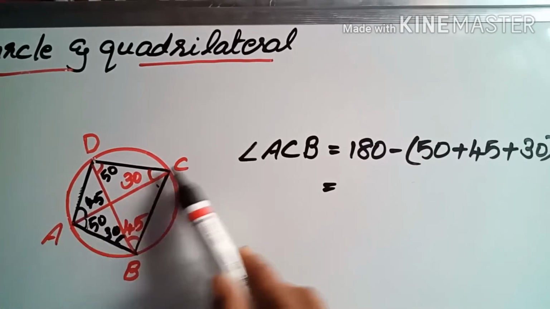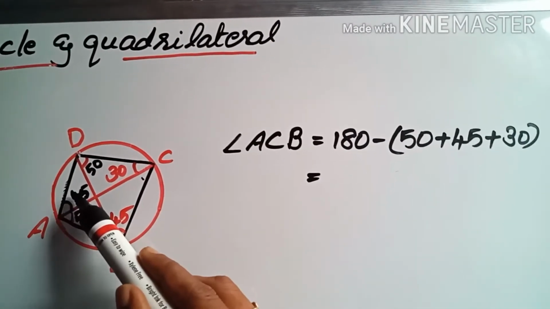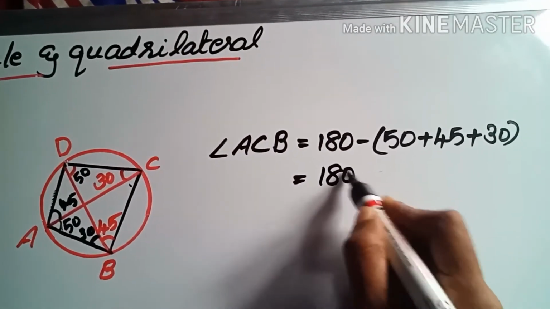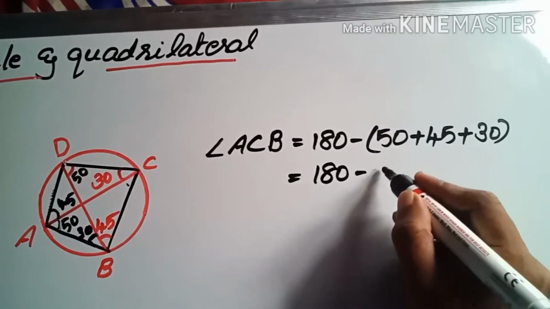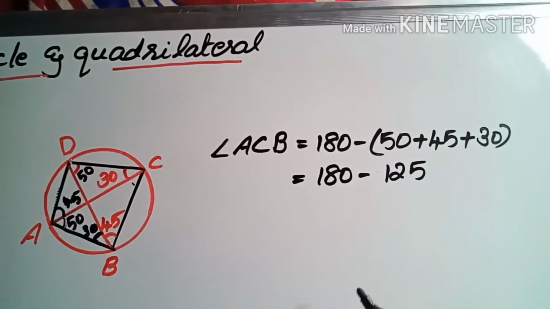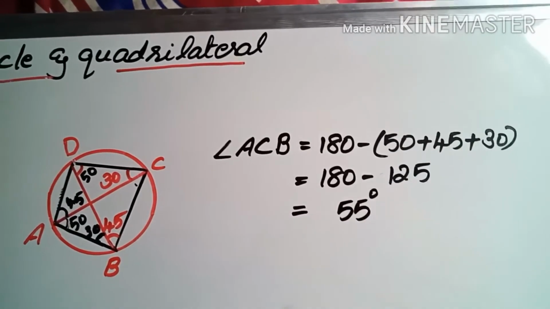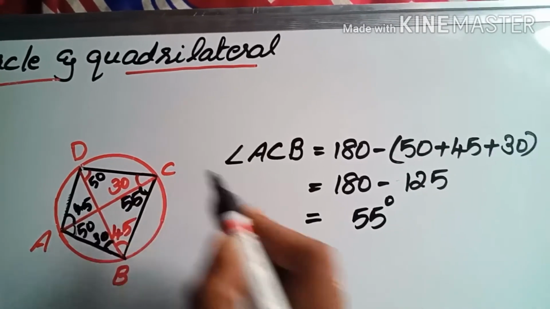So 180 minus (50 plus 45 plus 30). 50 plus 45 is 95, 95 plus 30 is 125. So 180 minus 125 is 55 degrees. So this angle is 55 degrees.